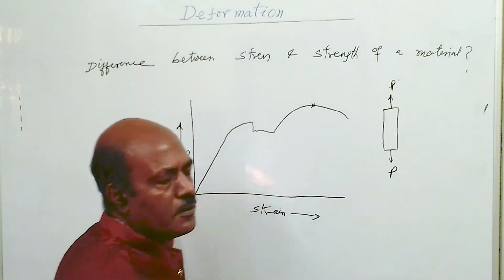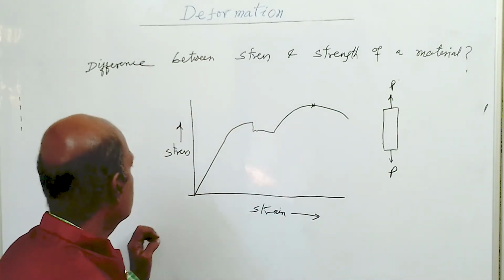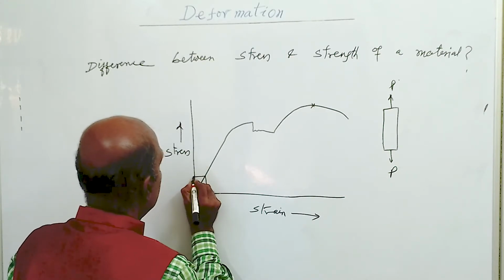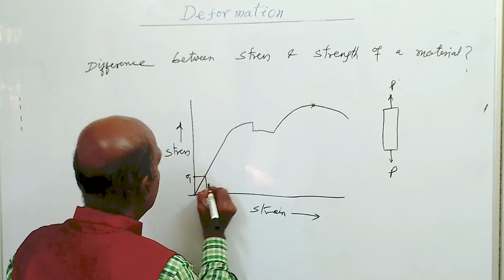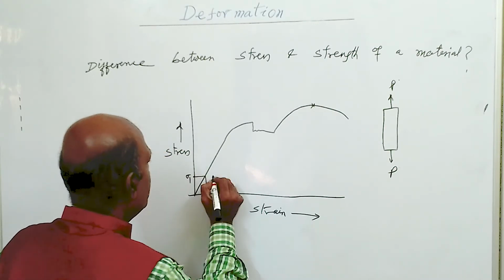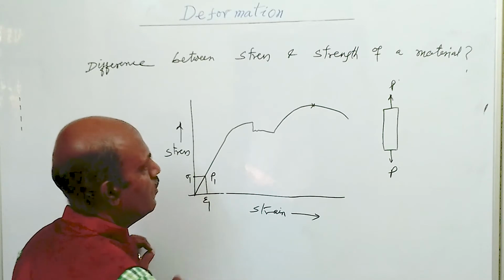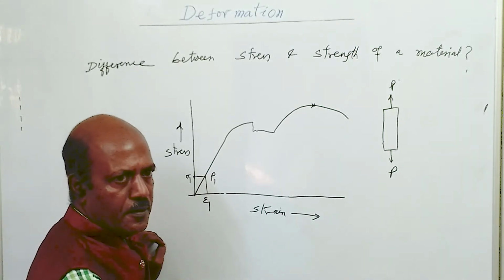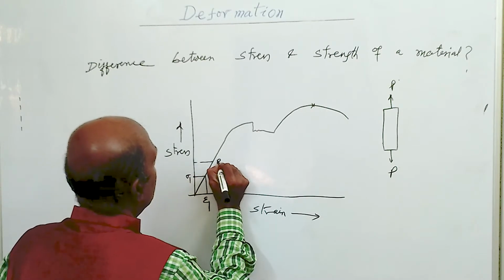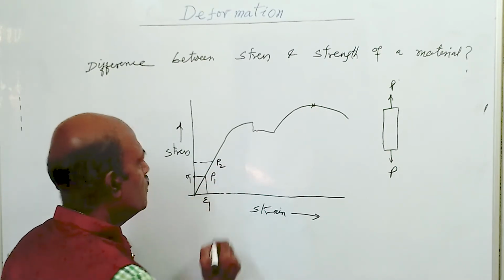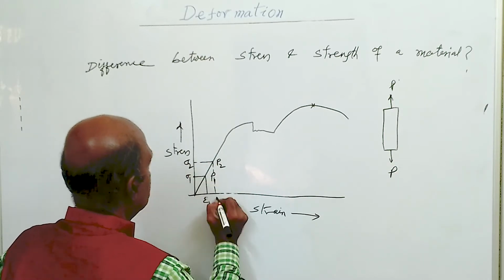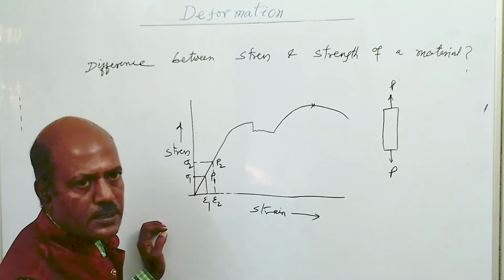Now when the P value is less, the stress developed, say here, is sigma 1 and the strain is epsilon 1. When P1 load is applied and we increase the P value so that it becomes P2, sigma 2 is the stress developed and epsilon 2 is the strain developed.